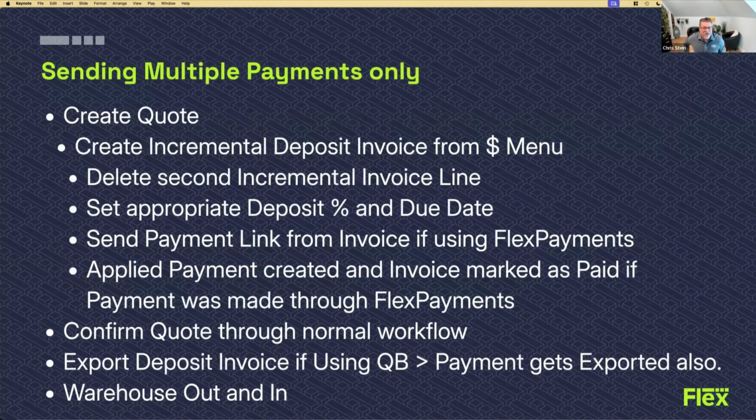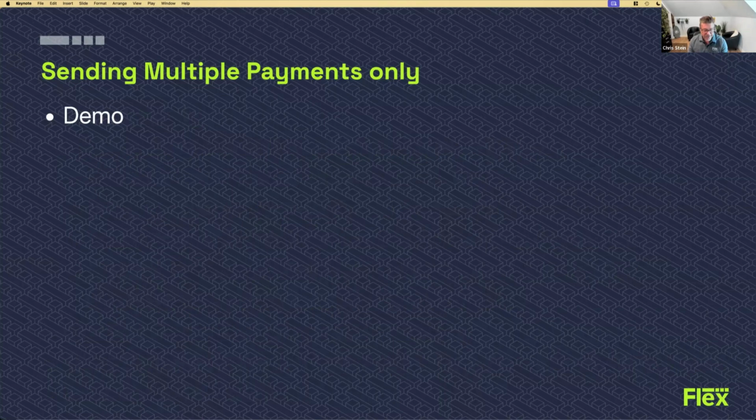We're going to be doing a couple different demos, bouncing back and forth between the slides and functionality. We're going to start off without a deposit invoice, just using the payment functionality to send out a specific payment prior to doing work and following that up.